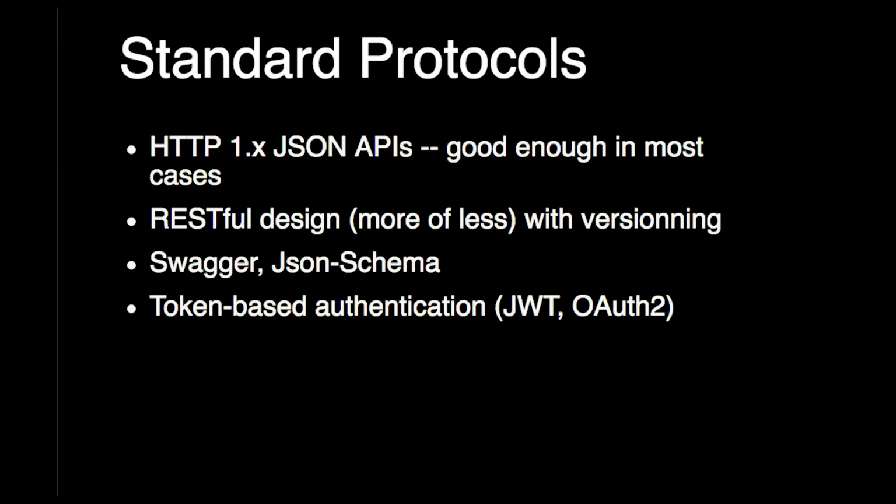All right, so standard protocols. There are a lot of cool protocols you can use to build microservices. You can use HTTP2, you can use plain sockets, or I don't know, WebSocket, you can use MessagePack, you can use binary protocols. But at the end of the day, a good old HTTP1 JSON API is what works the best.